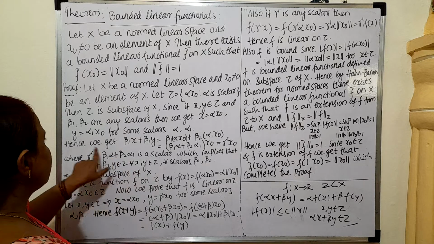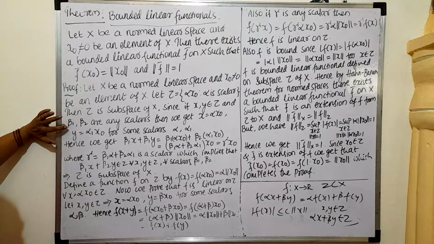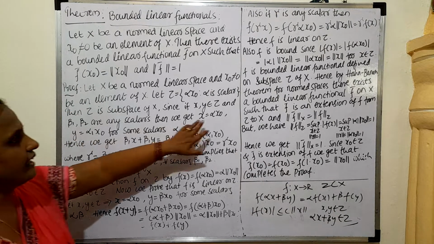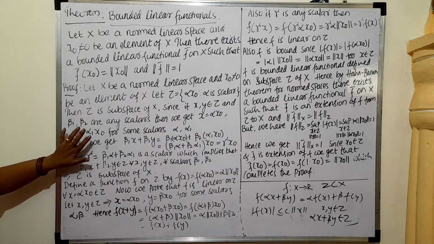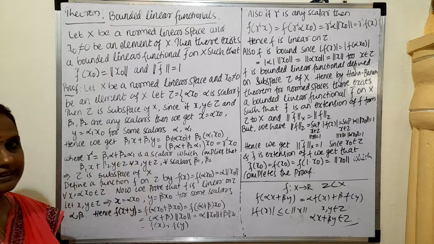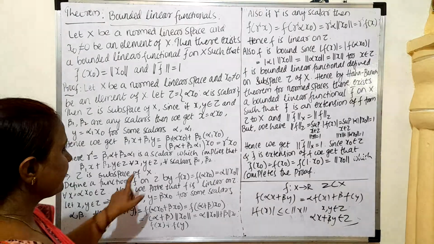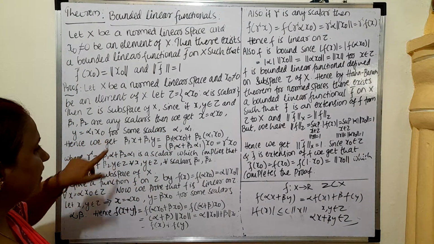Suppose there are two scalars, say alpha 1 and alpha, and another two scalars beta 1 and beta 2. See, these scalars alpha 1 and alpha we will use in the definition of the set, whereas beta 1, beta 2 we will consider as scalars along with the vectors x and y. So consider beta 1 x plus beta 2 y, where x is alpha x naught, y is alpha 1 x naught.